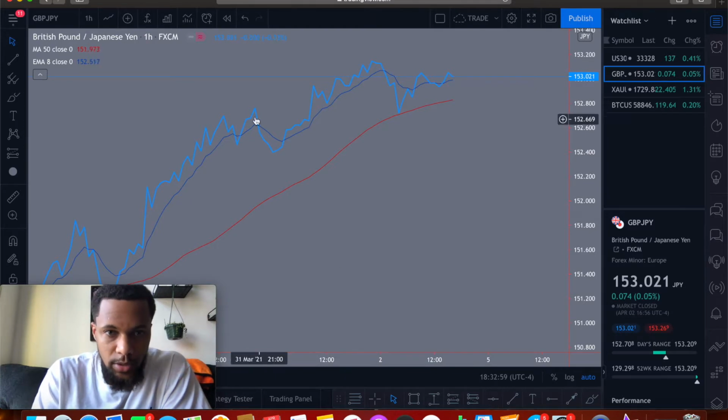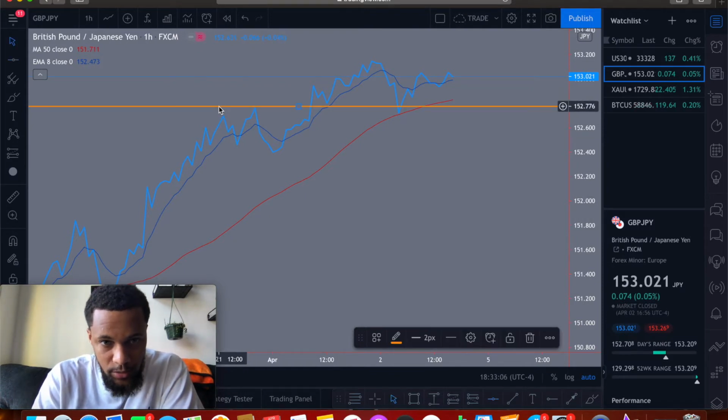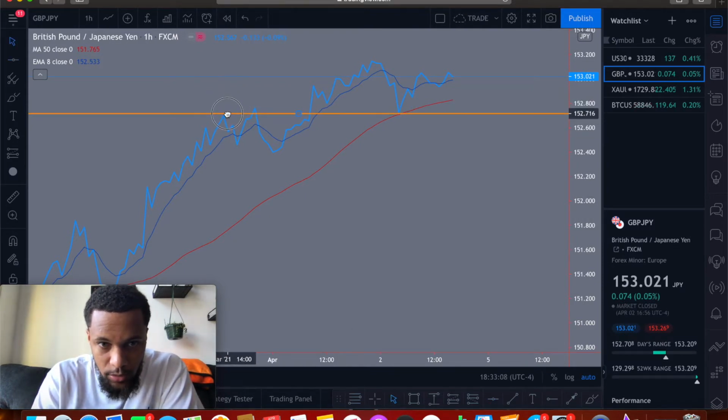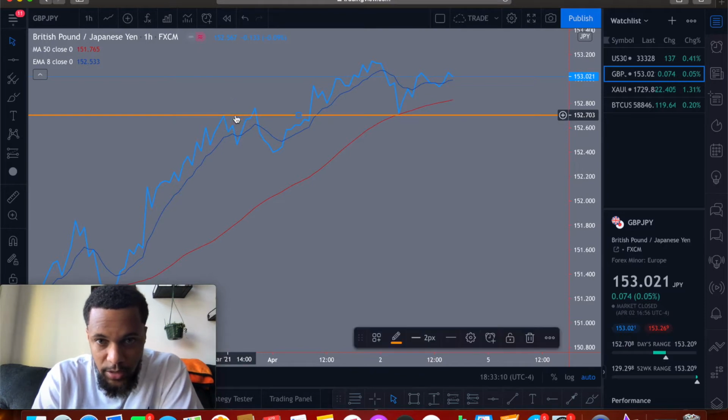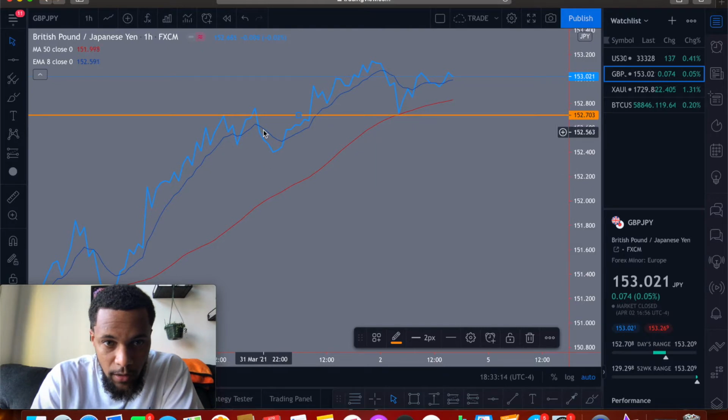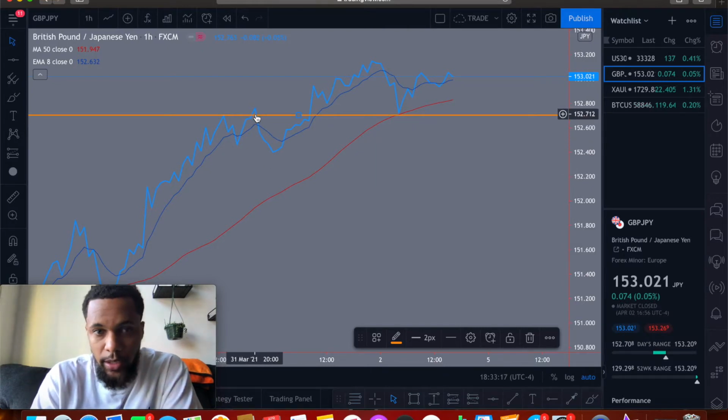So pretty much when you choose to do a line chart, it makes it a little more clear for you so you don't see all of those wicks. So boom, as I just explained to you, we have a touch here, we have a touch here, a little breakthrough.